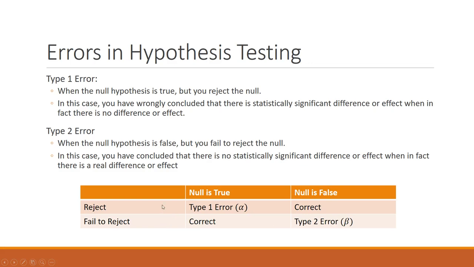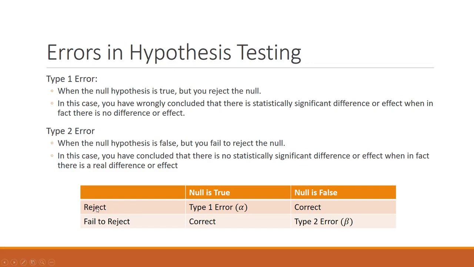If we reject the null, that's saying that we have evidence, or we have reason to believe, that the null is false. We can't say conclusively that it's false, but we have reason to believe that it's false.